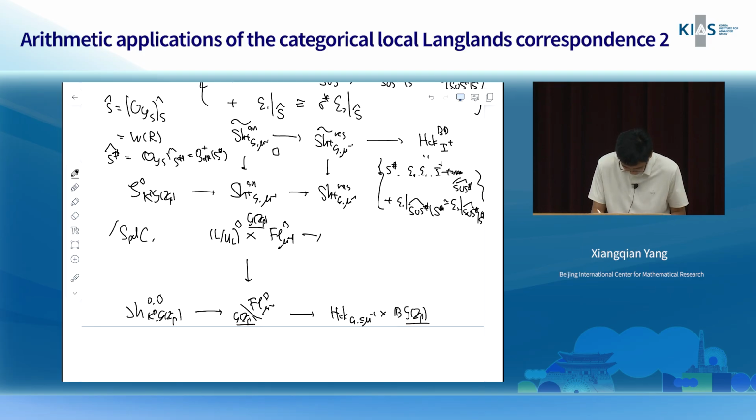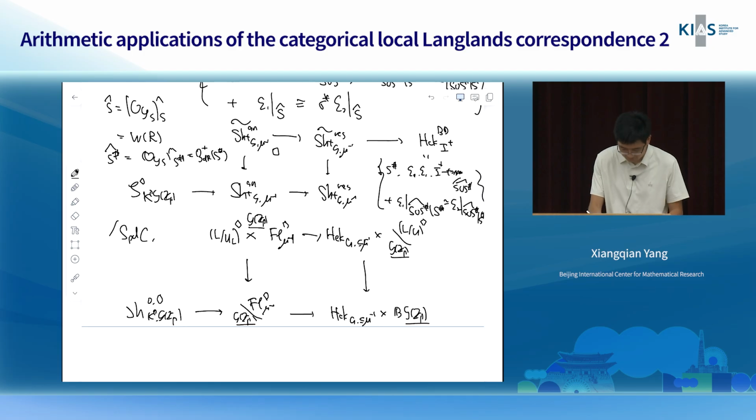And now here, what is this? This is just a Hecke stack G less than or equal to mu inverse times the flag variety quotient by this group.